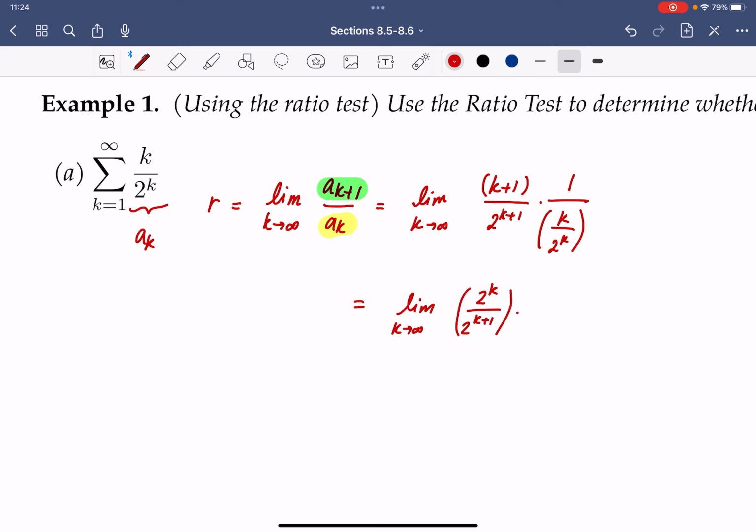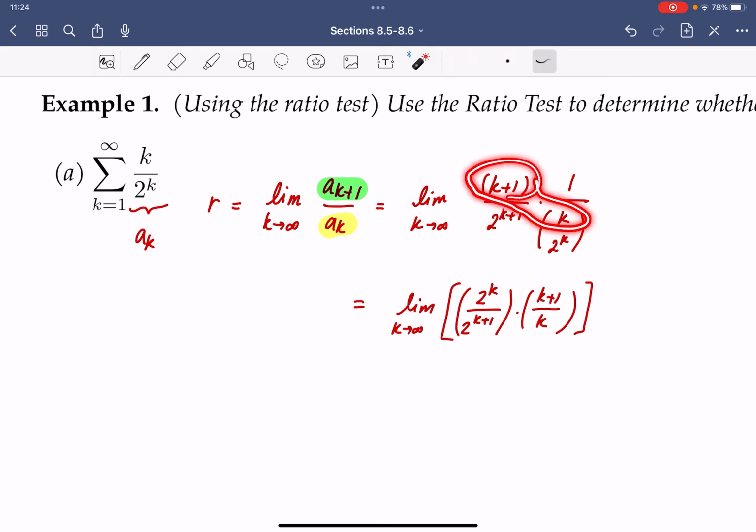Group it together, and then k plus 1 over k. So basically what I did was move k plus 1 and k together, and 2 to the k and 2 to the k plus 1 I group together here. So what is the limit here?